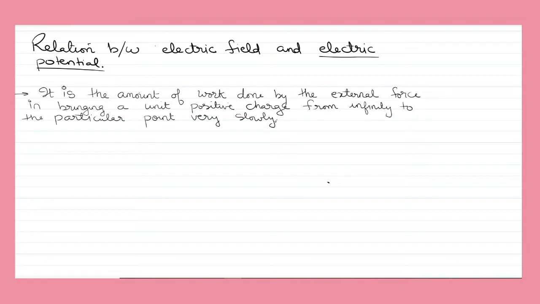Here, very slowly means without any acceleration. So, based on this definition, we will be finding the relation between electric field and electric potential.